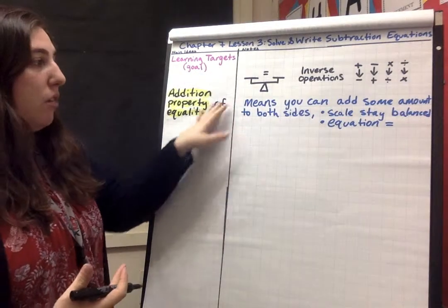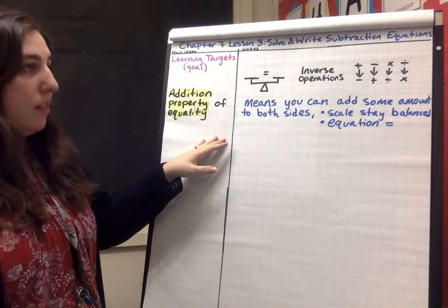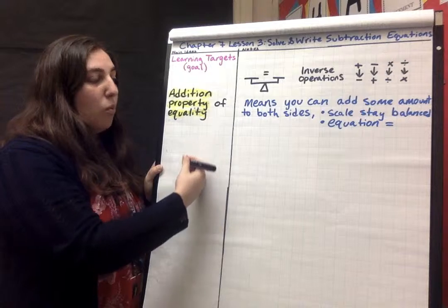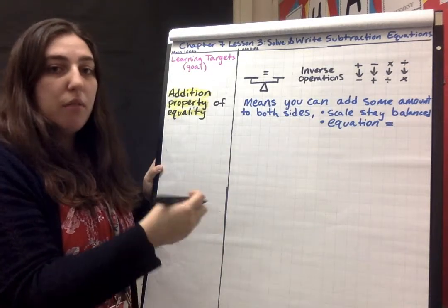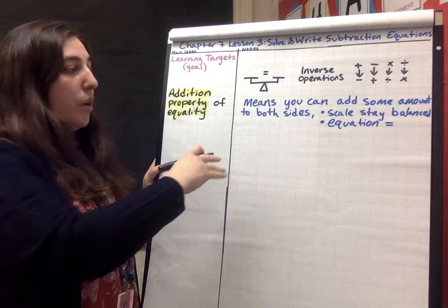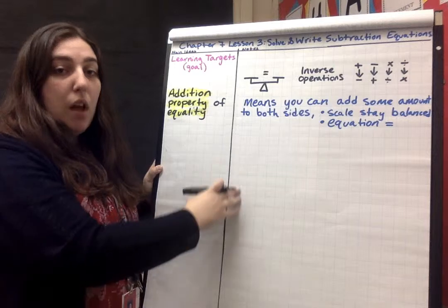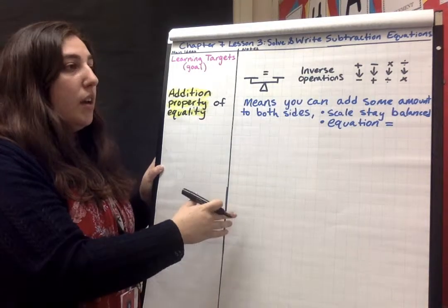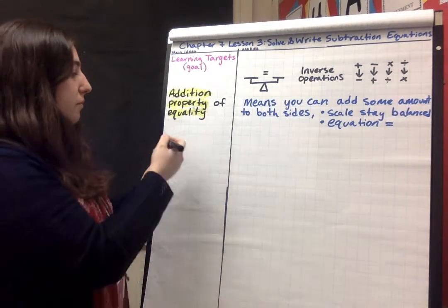So now that we know what the addition property of equality is, we're going to write down a word problem, kind of our second part of the learning target. We're going to break it down into different steps following a process. We've talked about following a process before, so that we can learn to solve and write equations.